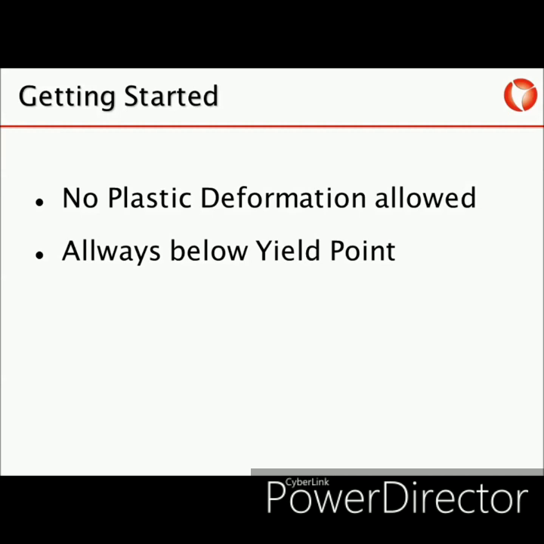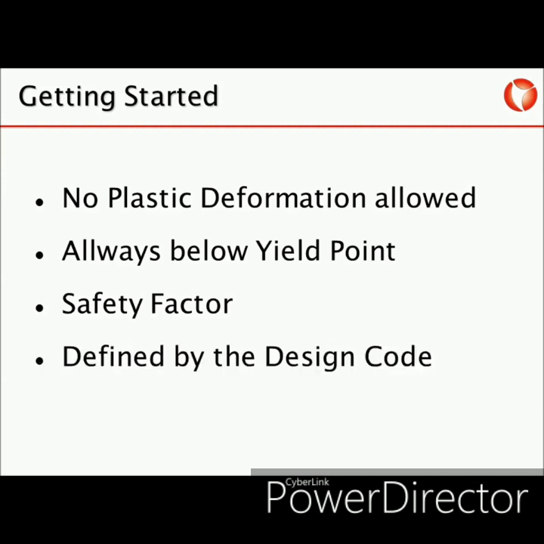Therefore, the allowable stress is always a percentage below the yield point. This percentage is the safety factor, and it defines the allowable stress. The allowable stress is established by the design code for each case, and it is selected for a given material and the design temperature.